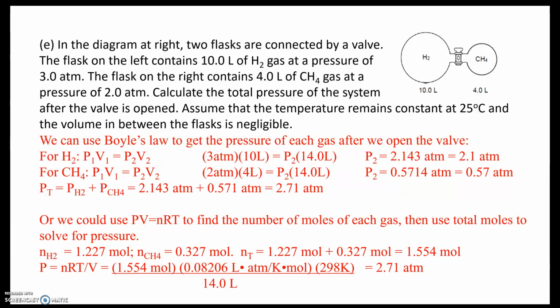So the total number of moles, I just add the 2 together, I get 1.554. I put that into PV equals nRT, noting that the total volume is 14 liters because I have a 10 and a 4. I plug all of that in, and again, I get 2.71 atmospheres, the same answer I got by doing Boyle's law.